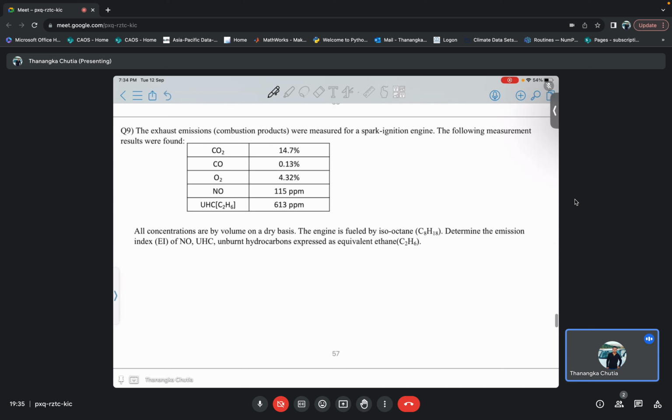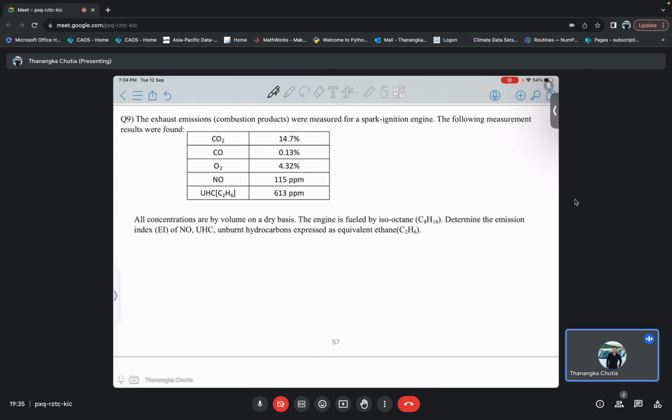The exhaust emissions, combustion products are this one, these things are given to us. So all concentrations are volume on a dry basis. The engine fuel is isooctane, and you have to determine the emission index. Okay, so given carbon dioxide compositions, these are given, so I will not write this one.